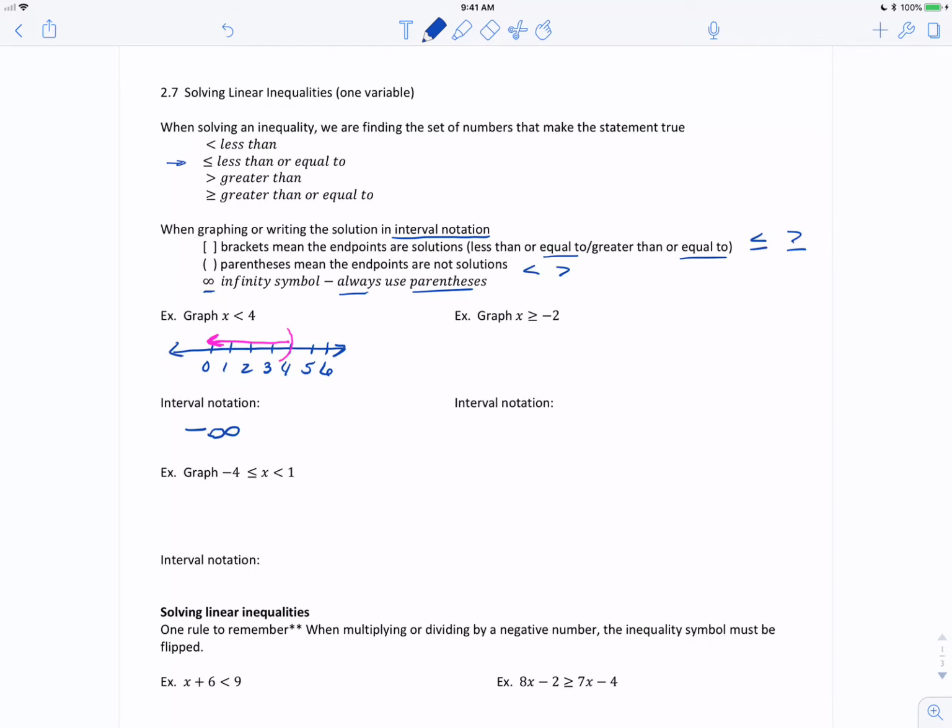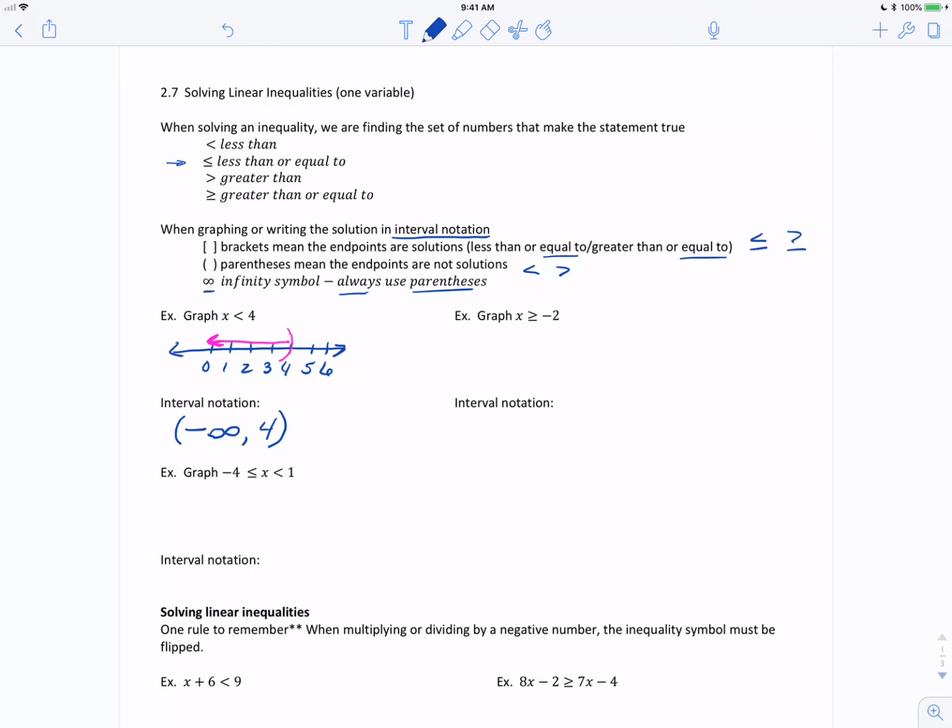Well, remember our infinity symbol, we always use a parenthesis. Then you just put a comma and then up to whatever number that it's up to. So we're going to say 4. Well, 4 is not included, but remember everything up to 4 is included. So like 3.999 is included, but 4 is not. So there's a parenthesis at the end of 4.